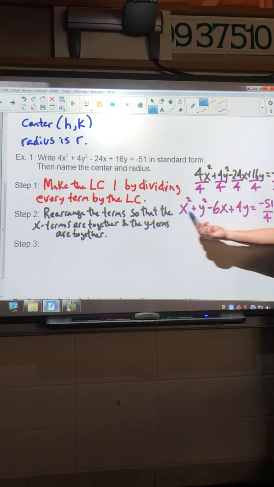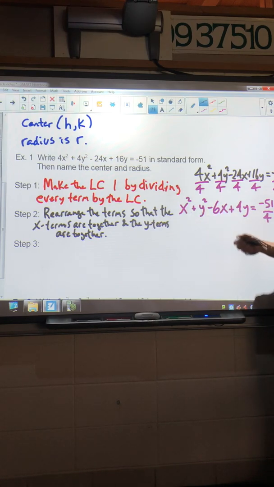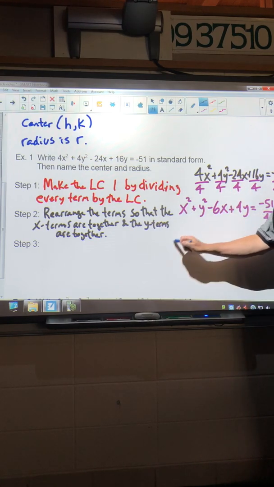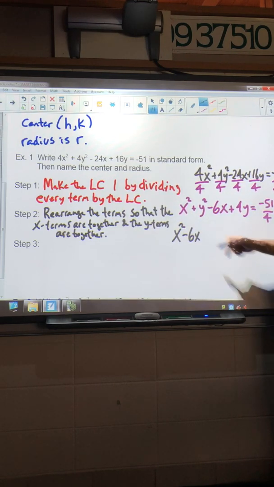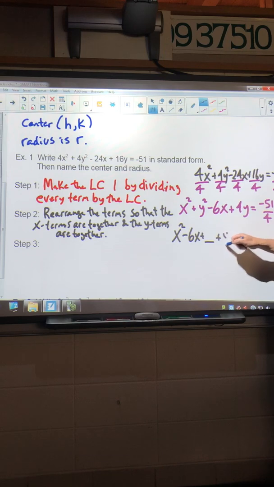So we're just rearranging this so the x terms are together. So I would have x squared minus 6x. And then after that, leave a space. y terms together, y squared plus 4y, need a space, equals negative 51 over 4.